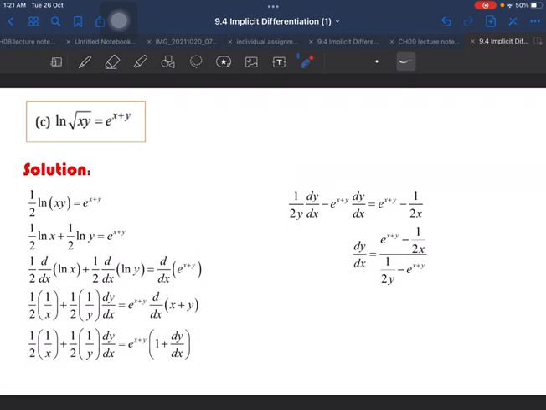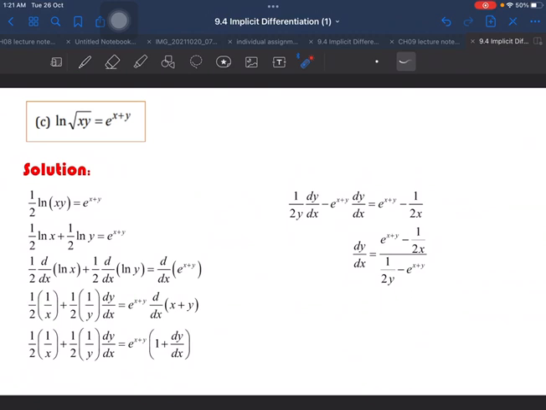And then equal. How to differentiate the exponent function is we write down exponent to the power x plus y, and then multiply with d over dx of the power of the exponent, which is x plus y. And then we simplify. For the right side we get exponent to the power of x plus y multiplied with the derivative of x plus y.